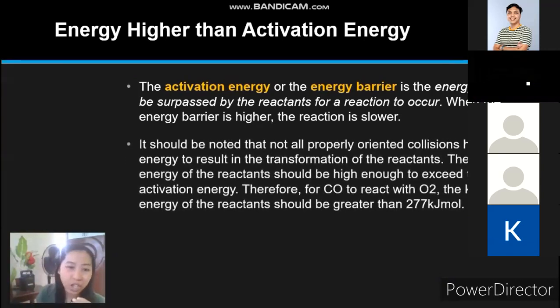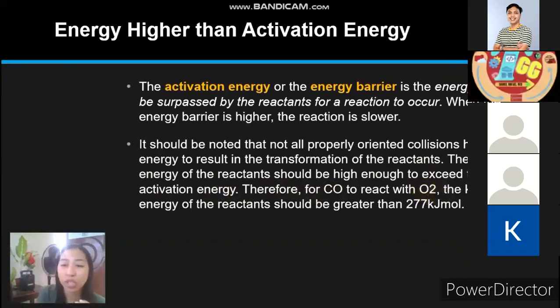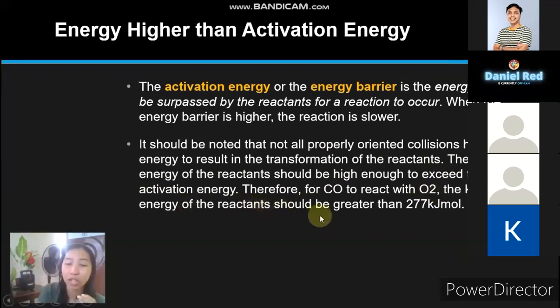Now, it should be noted that not all properly oriented collisions have enough energy to result in the transformation of the reactants. The kinetic energy of the reactants should be high enough to exceed the activation energy. Therefore, for CO to react with O2, katong kaganina nato nga situation, the kinetic energy of the reactants should be greater than 277 kilojoules per mole.